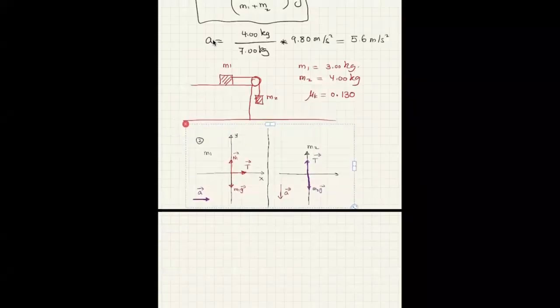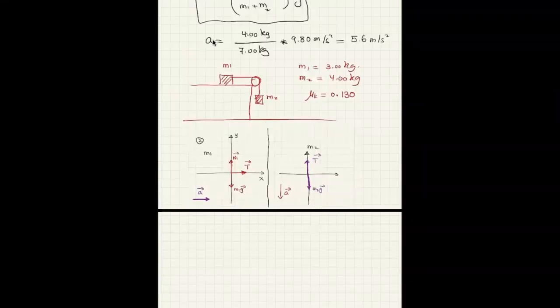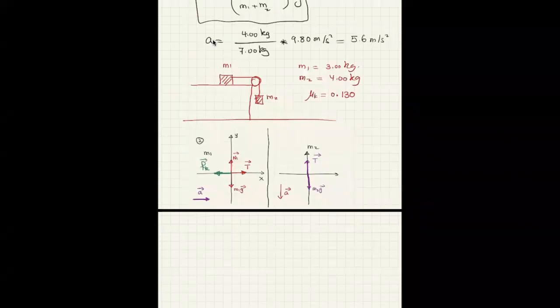Everything is the same, except I'm gonna choose a new color for Fk. Nothing is changing except that I'm gonna have force of friction for mass 1.